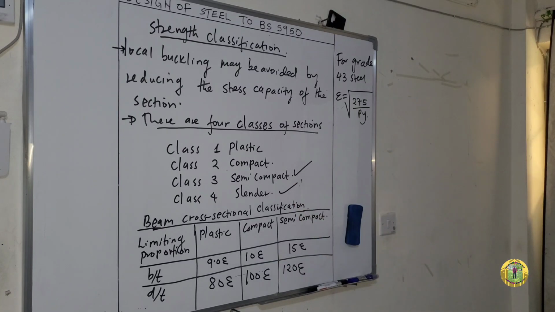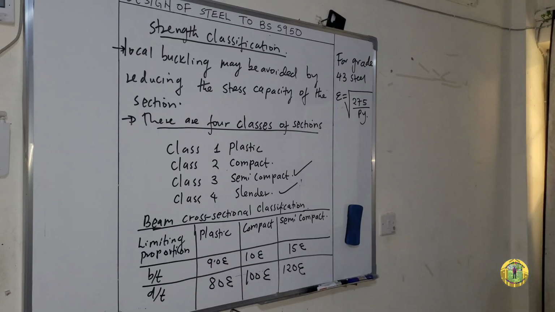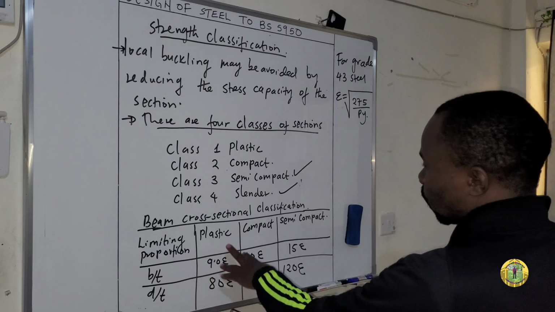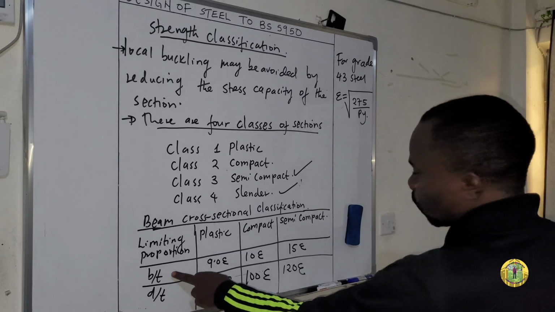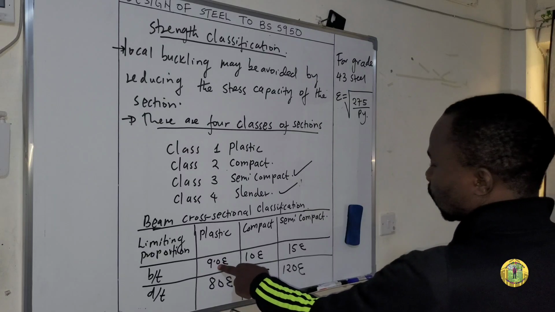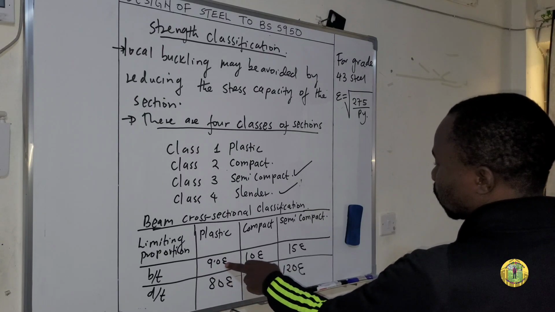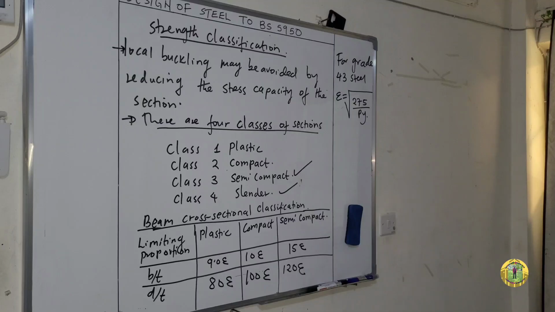This is the beam cross-sectional classification. We have the limiting proportions for plastic, compact, and semi-compact. This is B over T, this is D over T. So this is 9.0 epsilon, 10 epsilon, 15 epsilon, 80 epsilon, 100 epsilon, 120 epsilon.